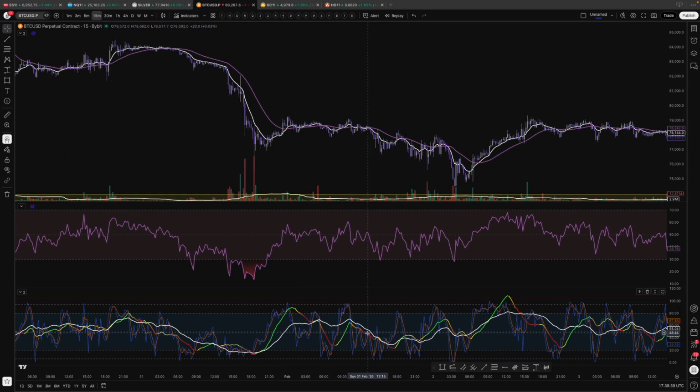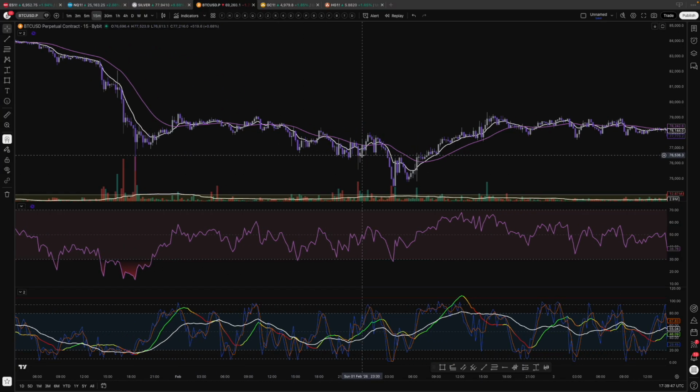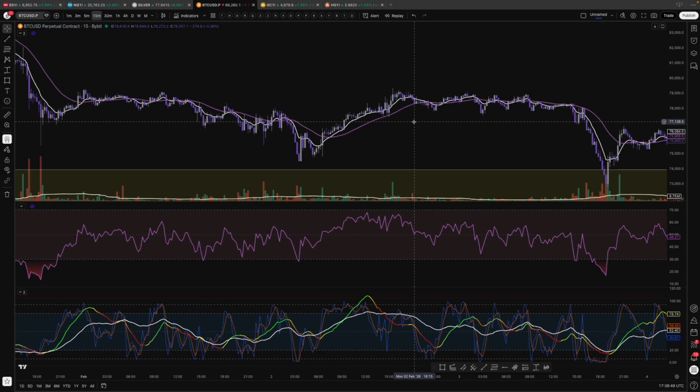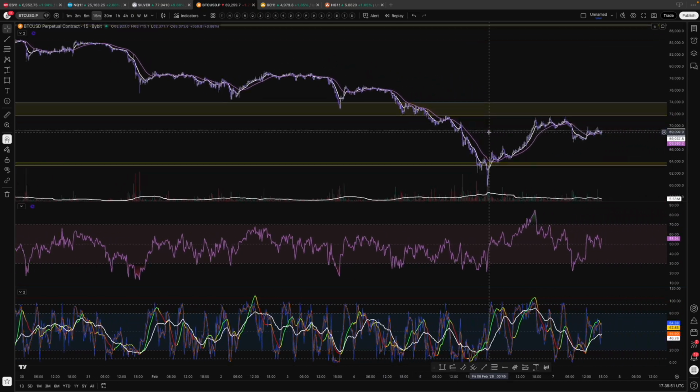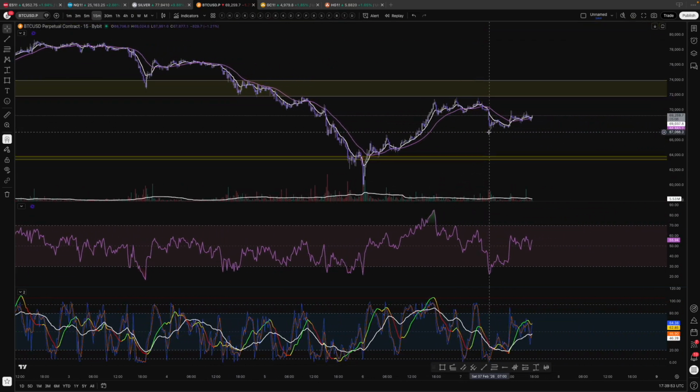I know that the stochastic is also a momentum indicator, but with the structured stochastic, you do get a lot more information. So, just see what you can do to really combine a couple of things together to start making them work well without overloading your charts with a bunch of stuff, all right? Because that's not really going to be that helpful.